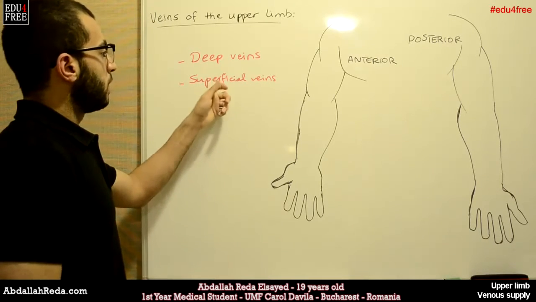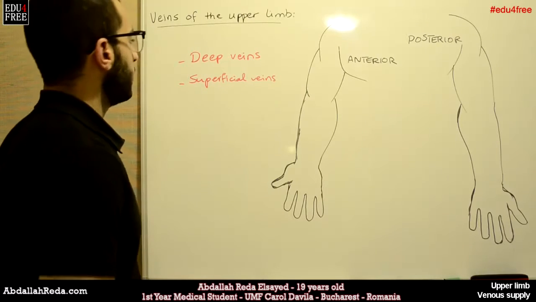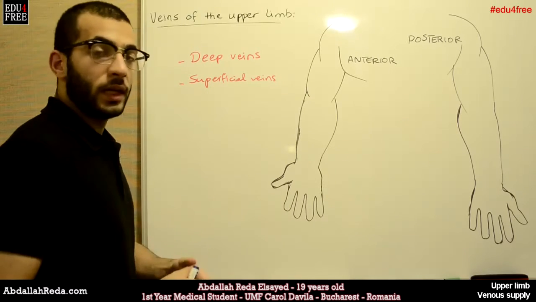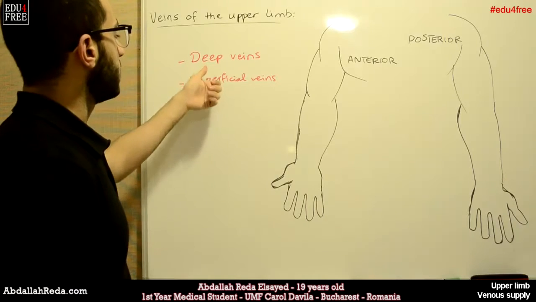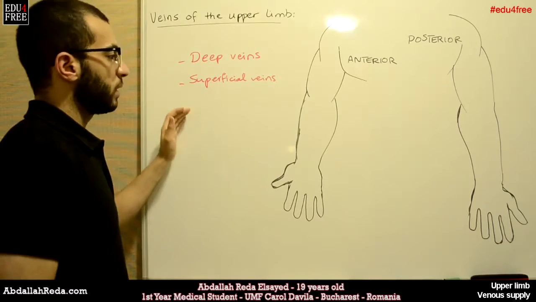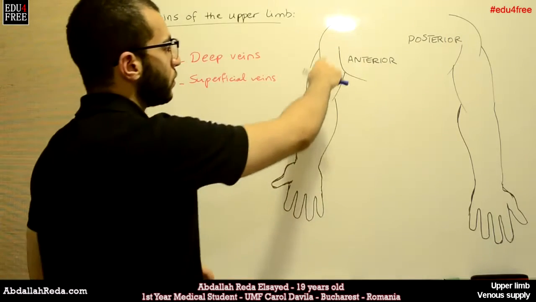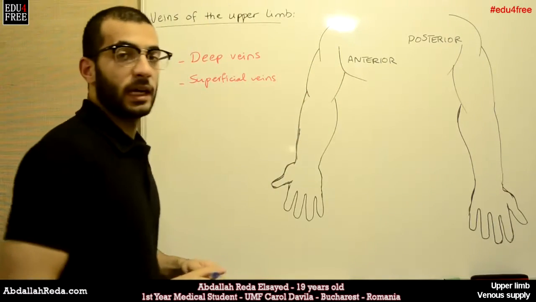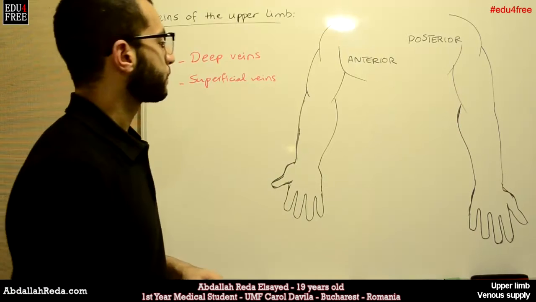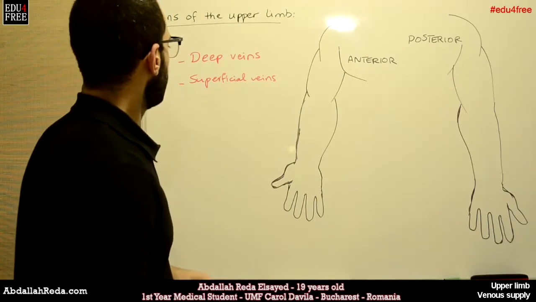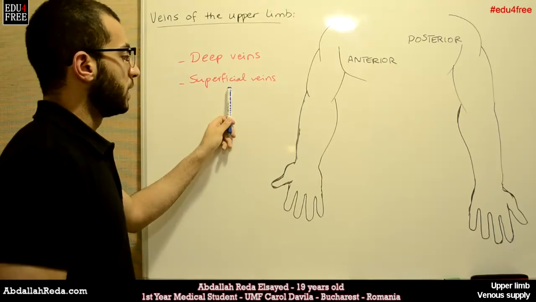So such group of superficial veins is wider than the deep veins, and of course all the veins will have valves to push the blood from the peripheries to the veins that they drain to. So we'll begin talking about the superficial veins.